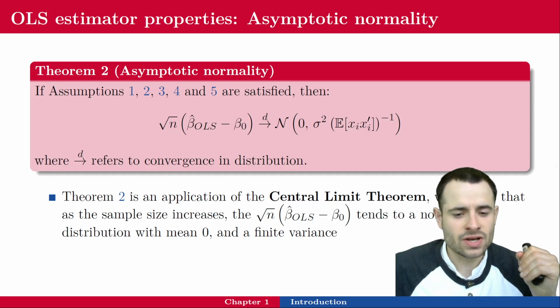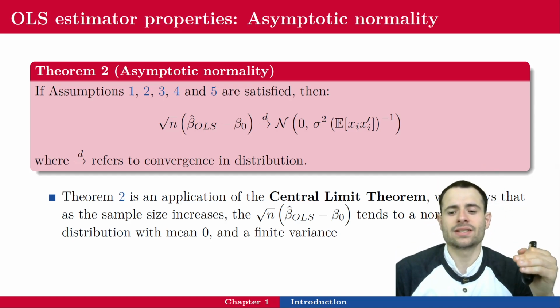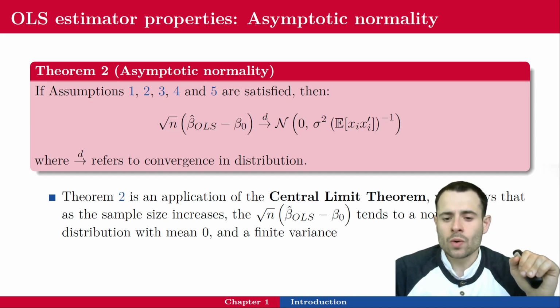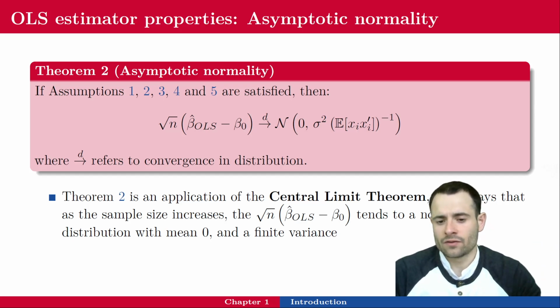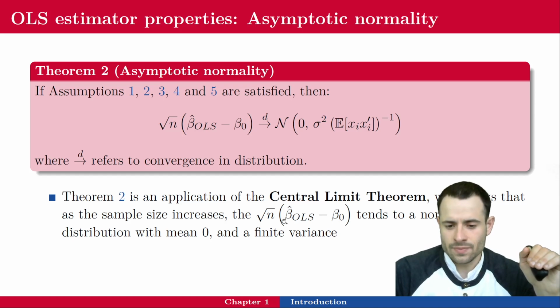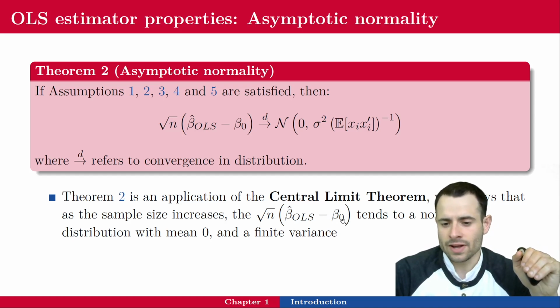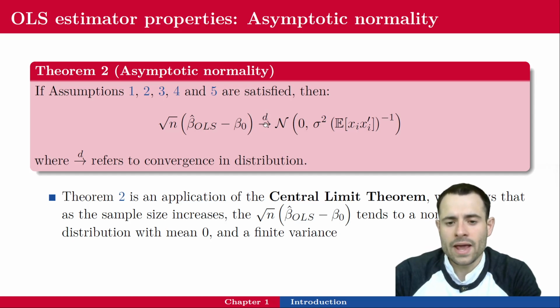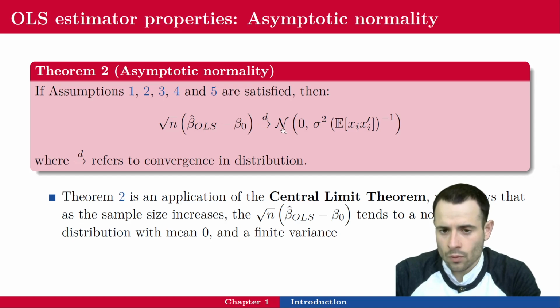This theorem is an application of the central limit theorem, which says that as the sample size increases, square root of n, it's always square root of n at the front, times the estimator minus the value it estimates, tends to a normal distribution with mean 0 and a finite variance. Note that since here we make n go to infinity, on average our normal distribution is equal to 0.